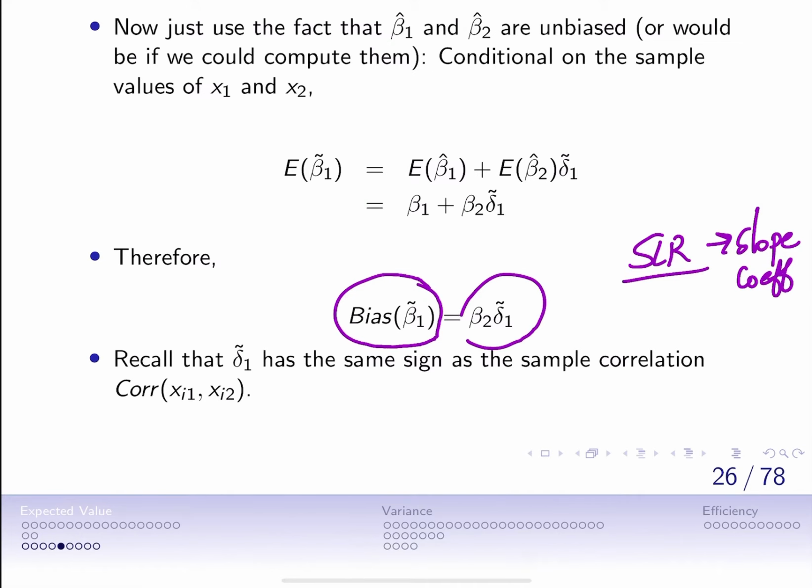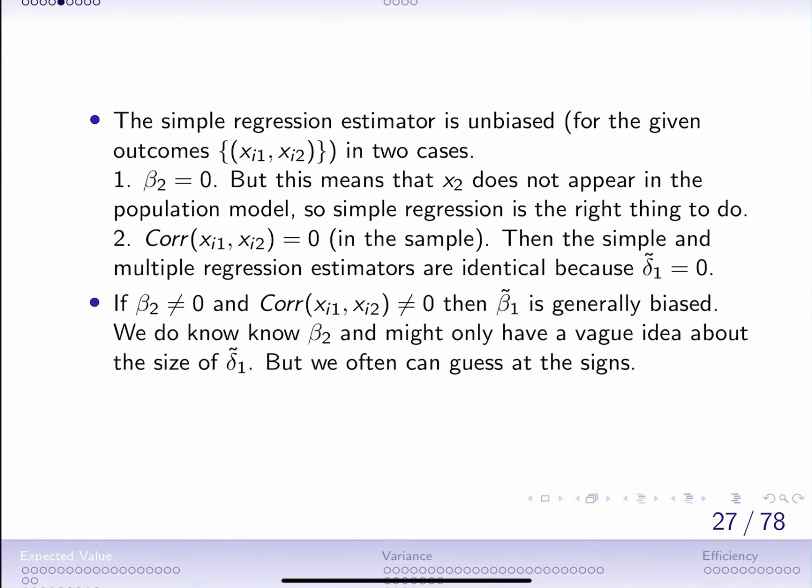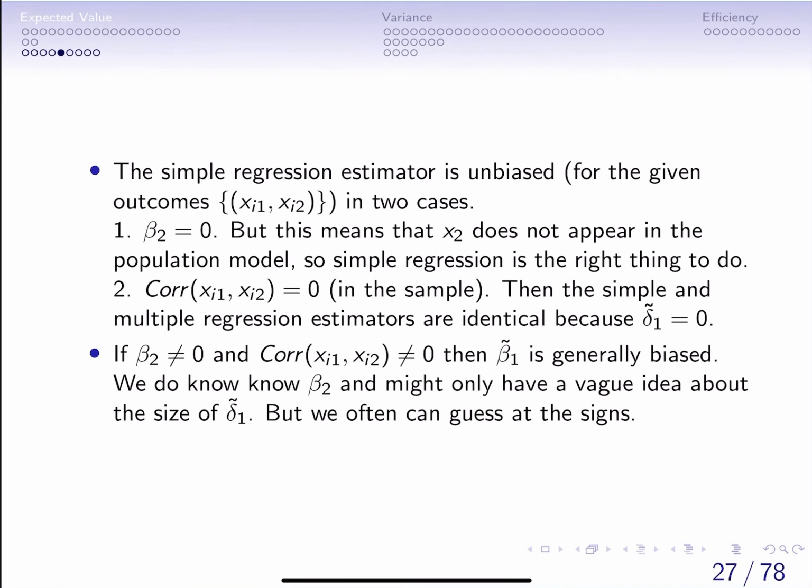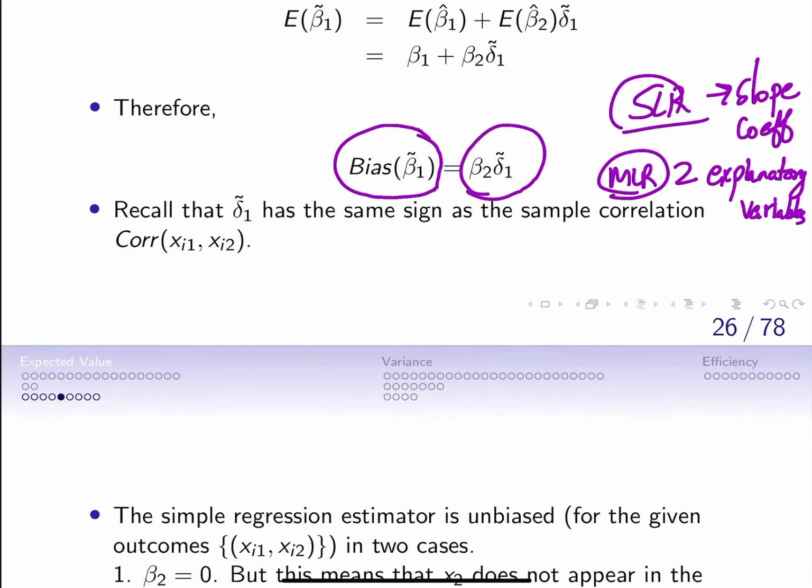And this is the bias when you have two explanatory variables in the multiple linear regression case. Since we know what the bias is, we're saying beta 2 times delta 1 hat is the bias of beta 1 tilde.